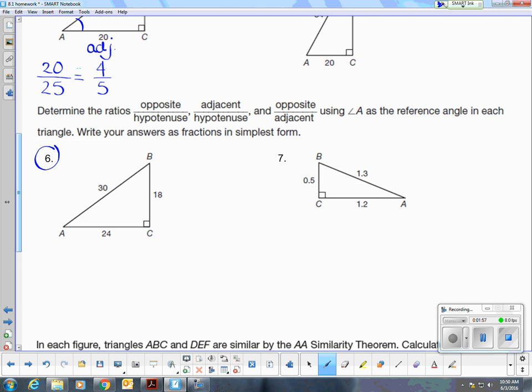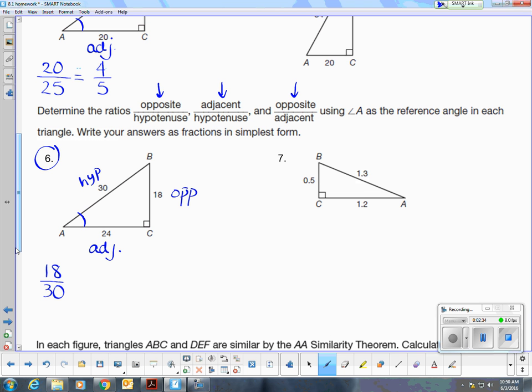In number 6, we're again looking at angle A as our reference angle, and we're looking for 3 ratios. First, the opposite to the hypotenuse, then the adjacent to the hypotenuse, and the opposite to the adjacent. So let's go ahead and label our sides. This side would be the opposite, this side is the adjacent, and this side is the hypotenuse. So opposite over hypotenuse.